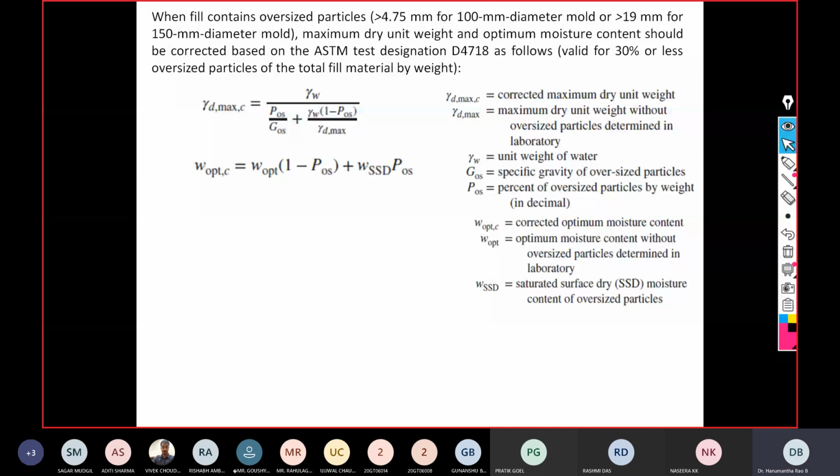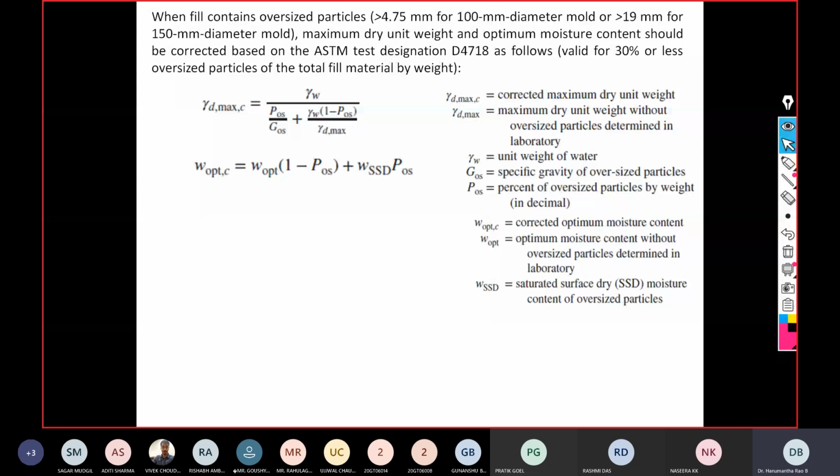Here POS is the percent of oversized particles by weight, the gravity of oversized particles, and the density of water.